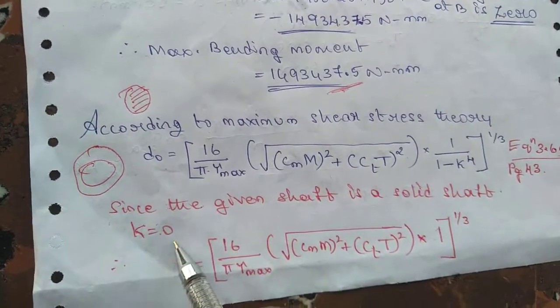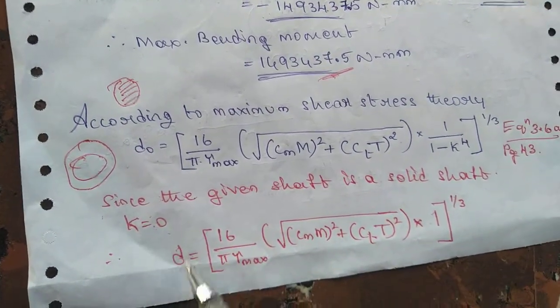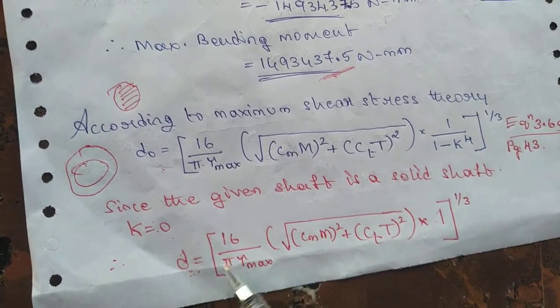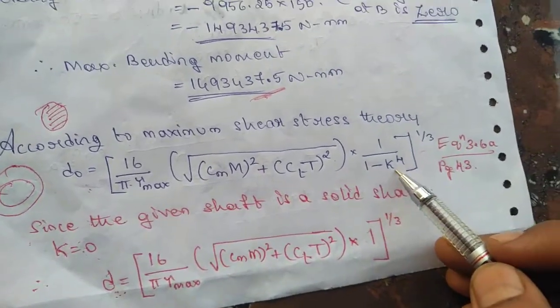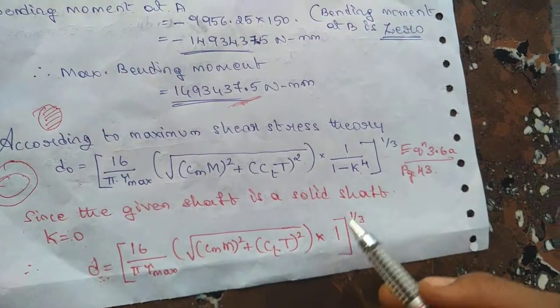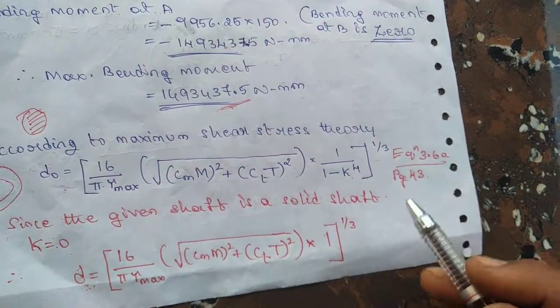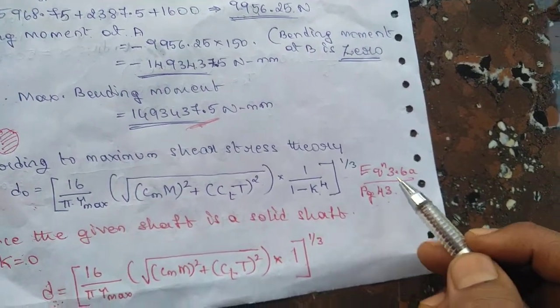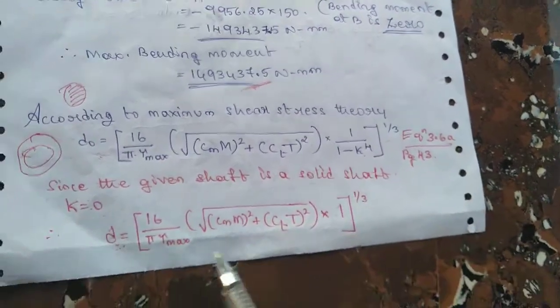For a hollow shaft, the k value will be given. As a part of modification, I have done this as d, so that you can understand better. So k is 0 anyhow. So when k is 0, 1 by 1 is 1. So forget it. This equation is available in page number 43 in the third edition, and 3.6a is the equation. Later we will substitute the values.